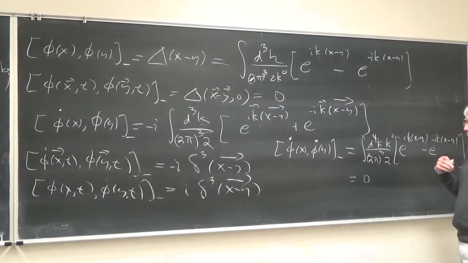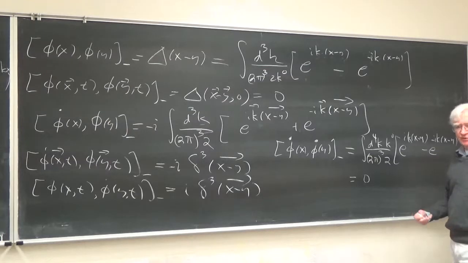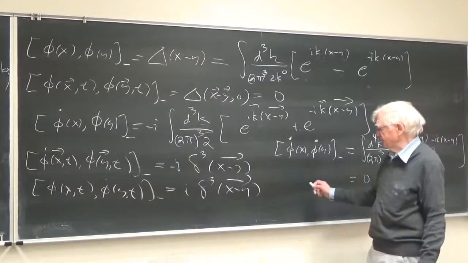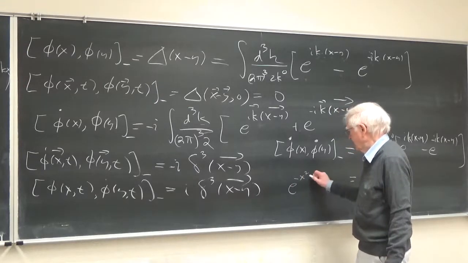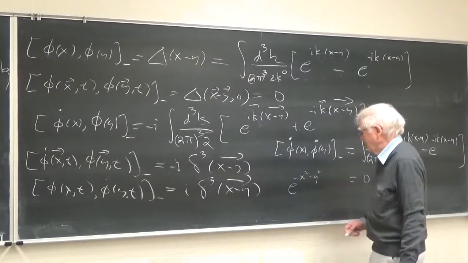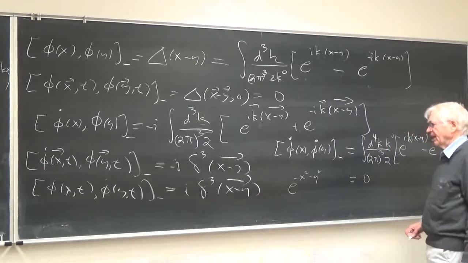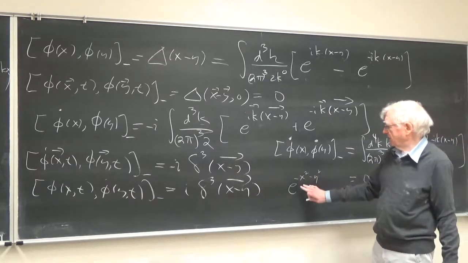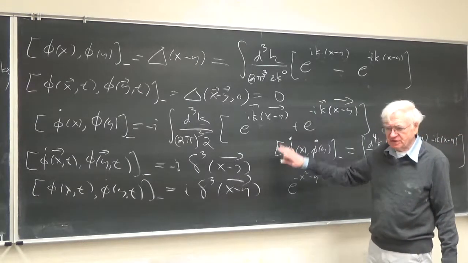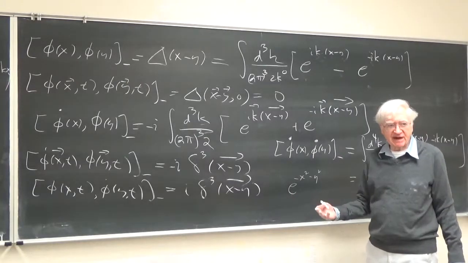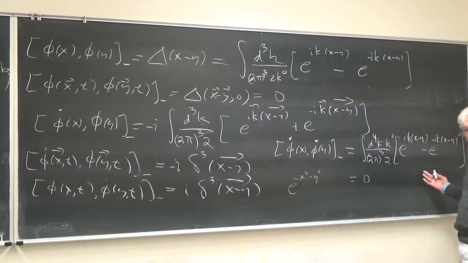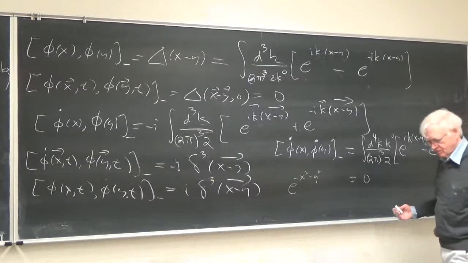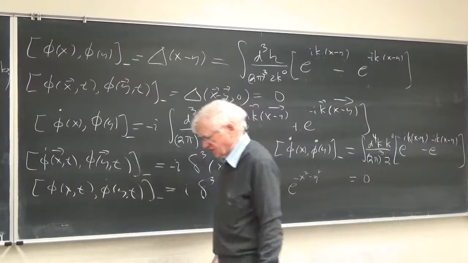You put in test functions that are very smooth, in other words, things like e to the minus x squared minus y squared, and you multiply them times this, you integrate over space and see what you get. That will see whether you in fact get 0. That's the sense in which the thing is 0.